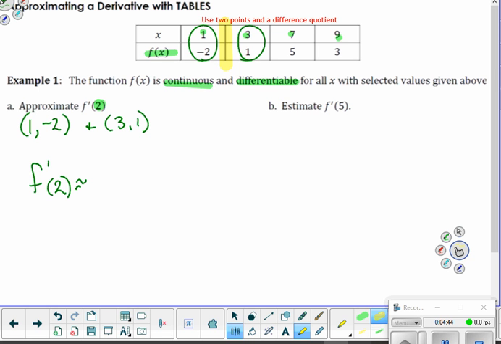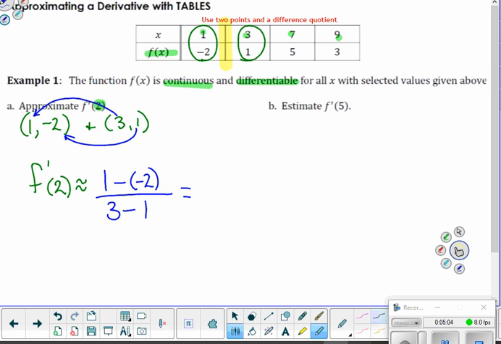Now this isn't exact, so I'm going to use the approximation symbol. And remember how this goes? y minus y. So I'm going to go 1 minus -2. And then I must subtract my x's in that same direction. I started on the right, subtracting the 1 on the left. So there's my computation. I would end up with 3 over 2. So I'm estimating the slope to be 3/2. See if you can do the next one.